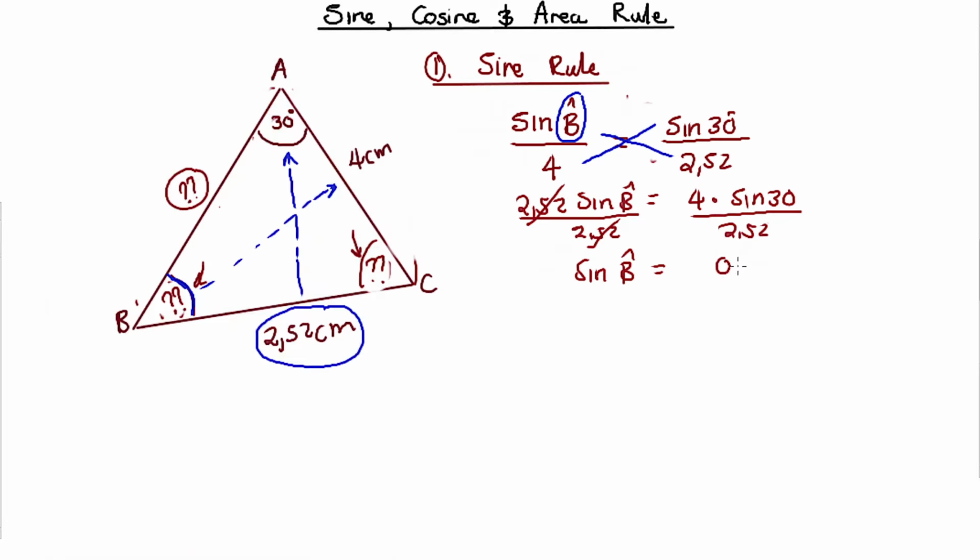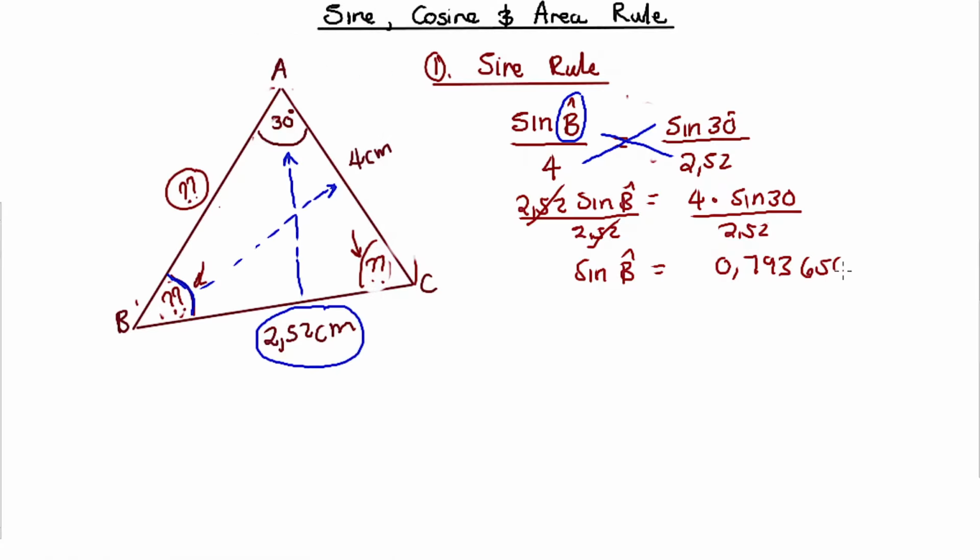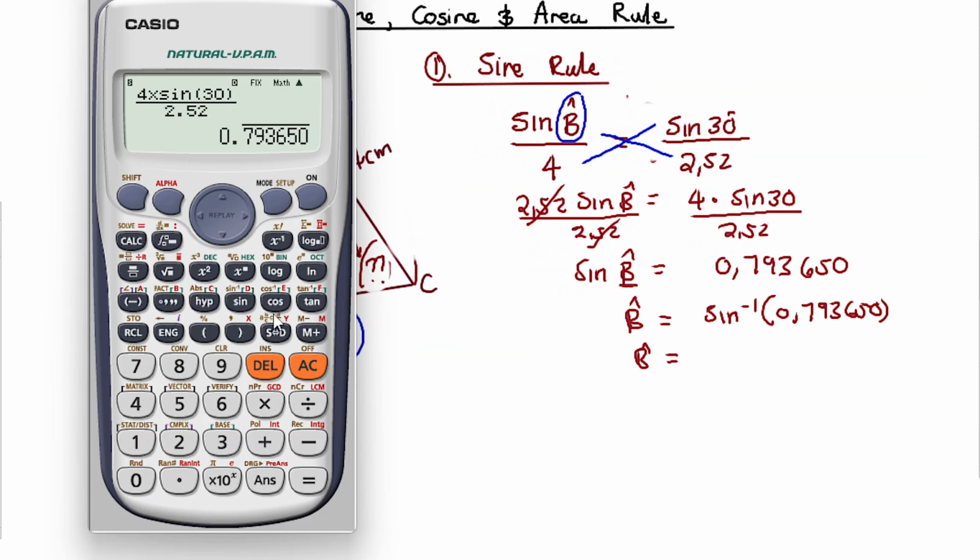Okay, it's 0.793650. Now to calculate the angle B, I'm going to say angle B is equal to arc sine of 0.793650.